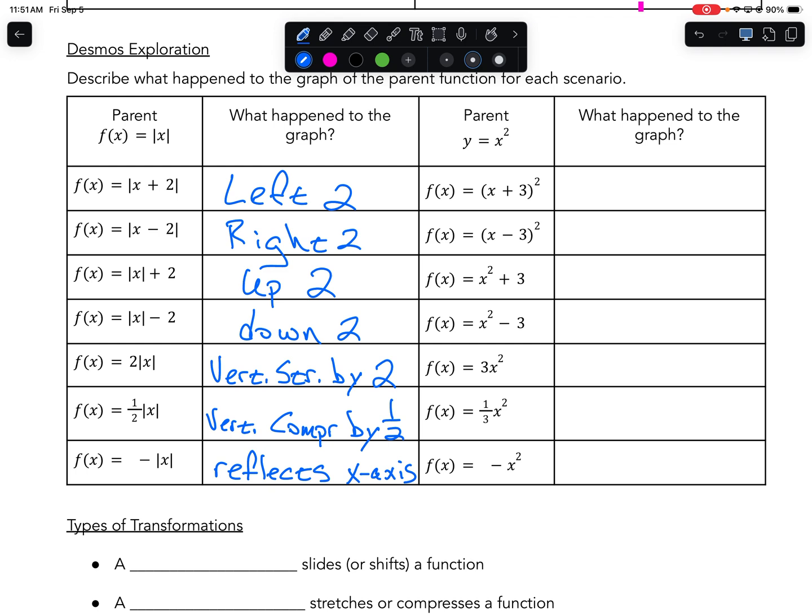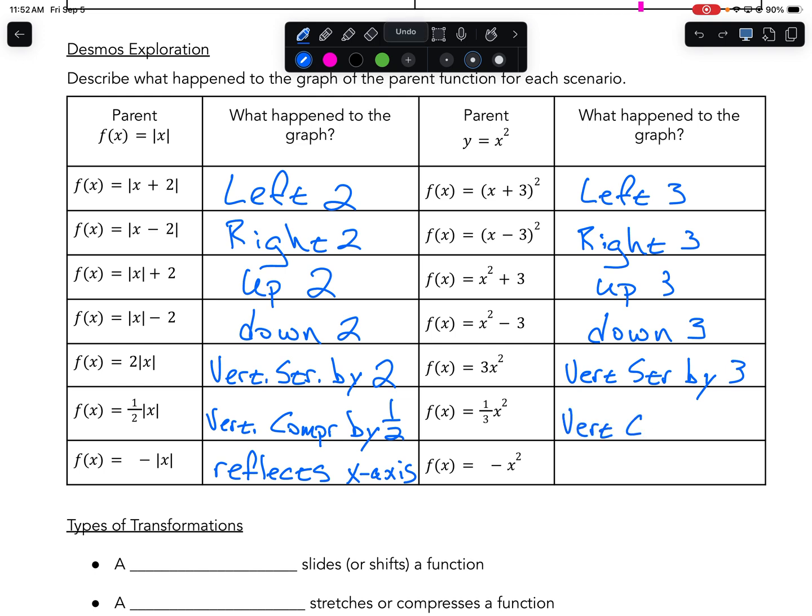I'm going to freeze the screen and then you can double check your answers. You can double check as you go.